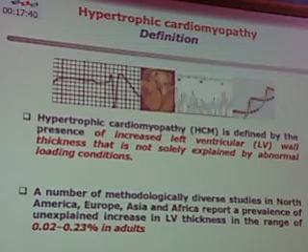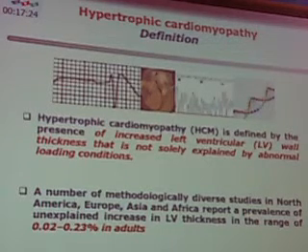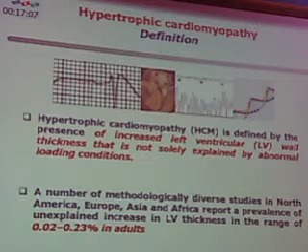Hypertrophic cardiomyopathy is, of course, defined by the presence of an increased left ventricular wall thickness, which cannot be explained as a secondary result due to a certain reason. In other words, the increased left ventricular wall thickness is of unknown or not well-known origin.